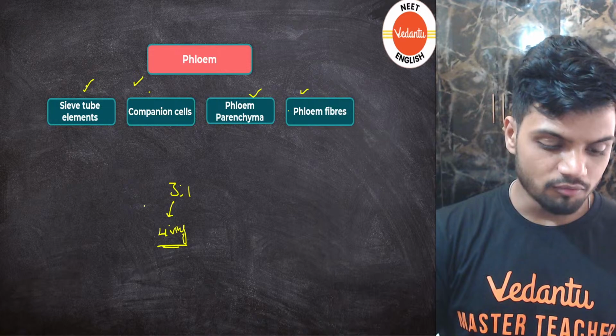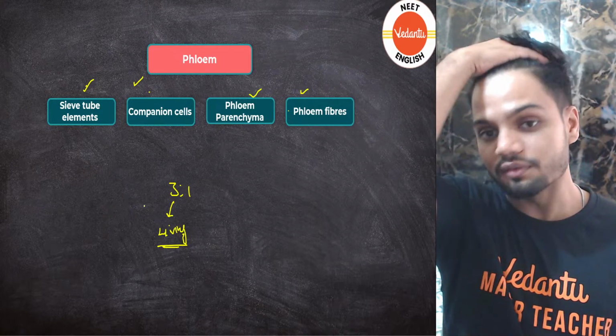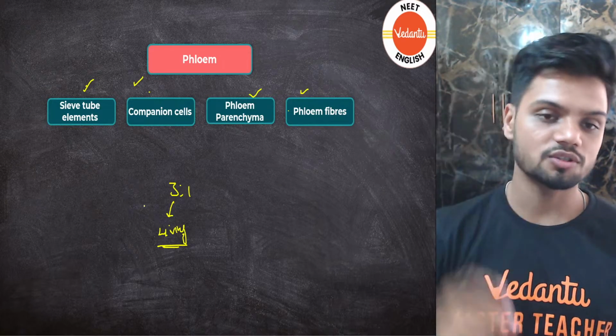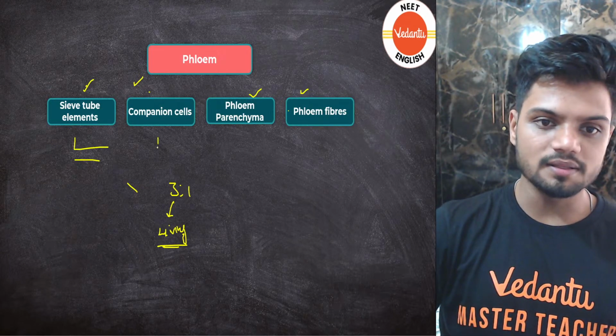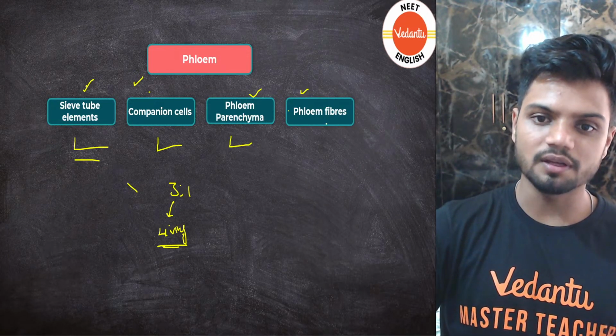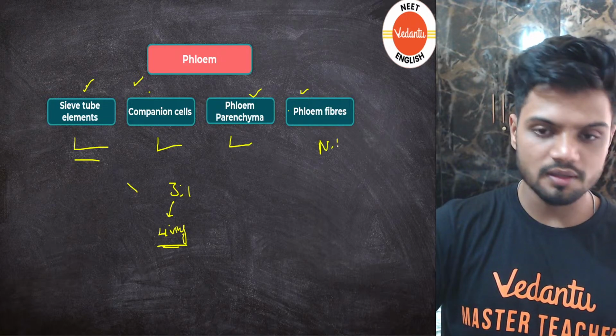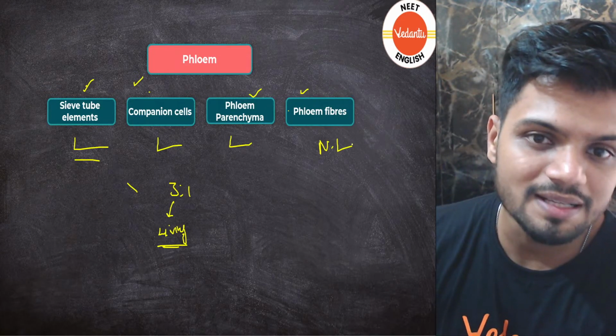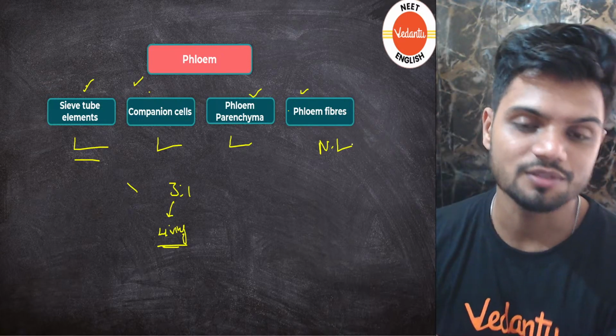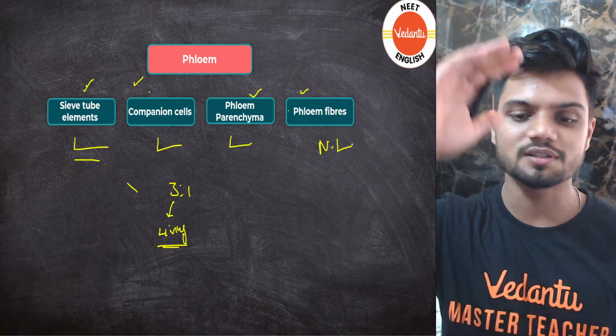Sieve tube element is living. Companion cells are living. Phloem parenchyma is living. The phloem fibers are non-living. Understood? So 3 are living and 1 is non-living. It became the full reverse.